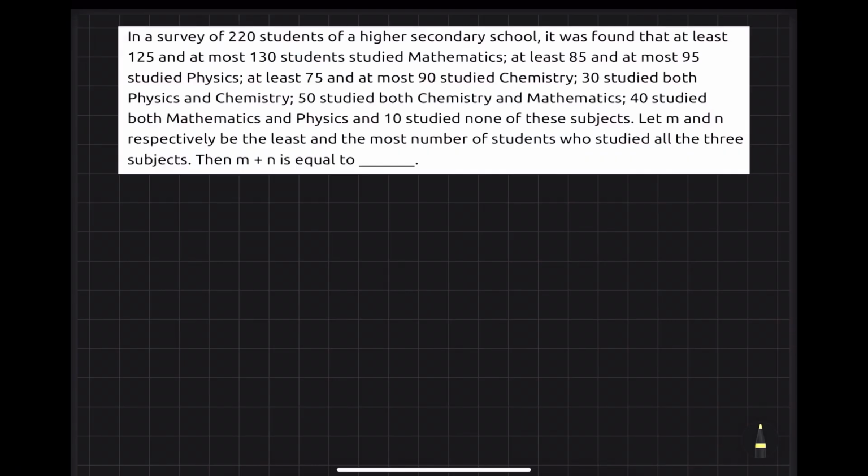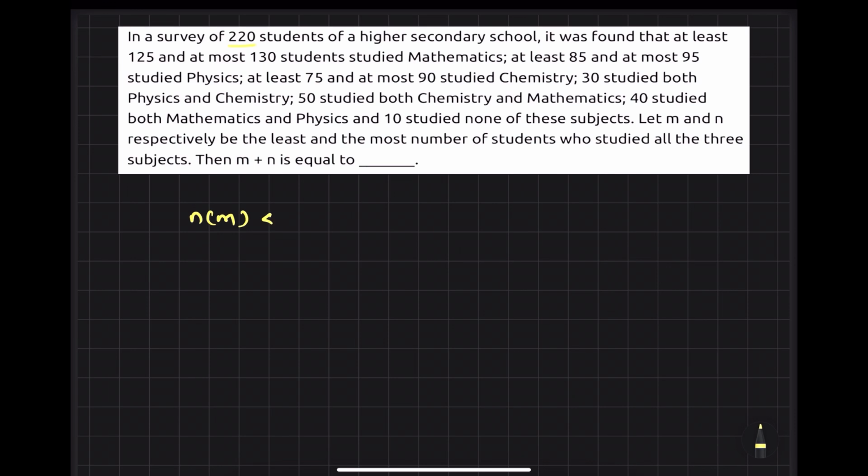Okay, so we got this situation. In a survey of 220 students of higher secondary school, it was found that at least 125 and at most 130 study mathematics. This question is very unique.